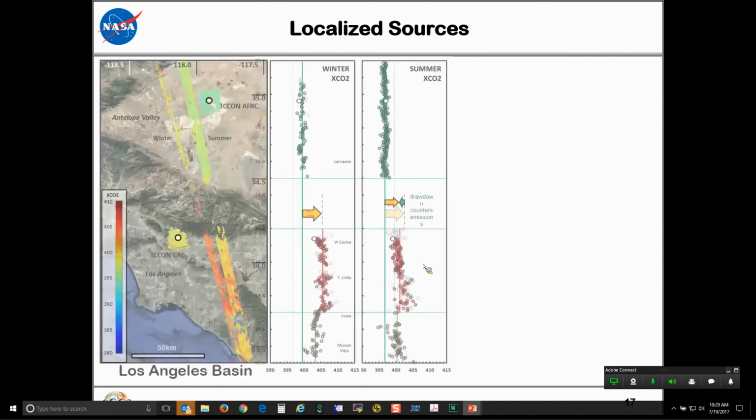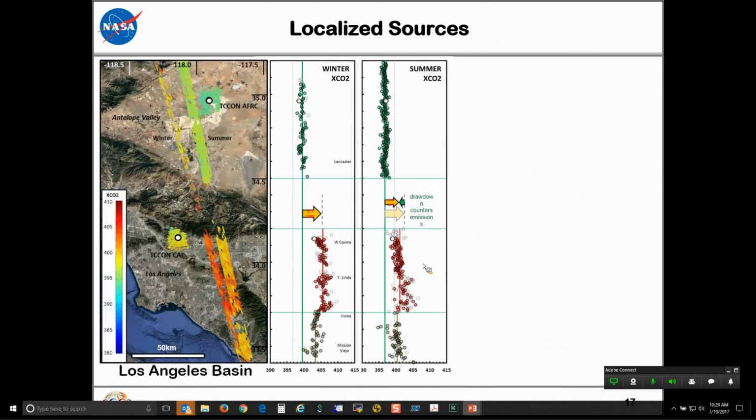One of the kinds of things we've been seeing with OCO2, though, as we're flying over the Earth, are things like local sources. This is my hometown, Los Angeles. This is Caltech here that we're targeting with the target observations. This is the Armstrong Research Telecon station, which we also target regularly. These are just a couple of tracks, a summer track and a winter track, going across the Los Angeles basin.